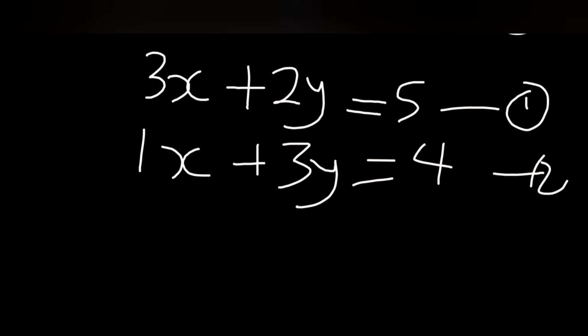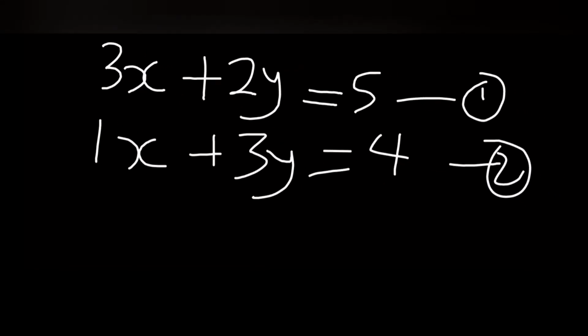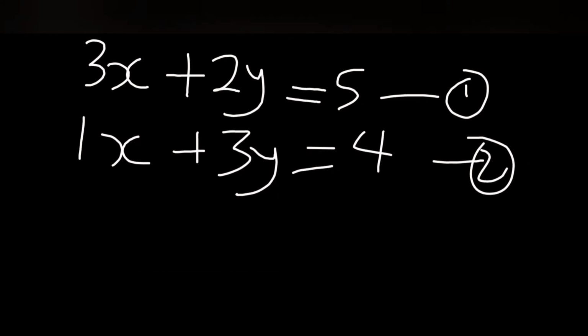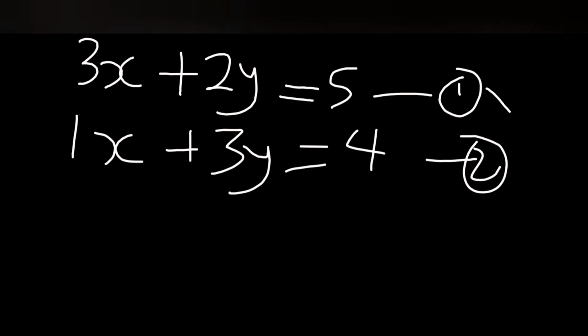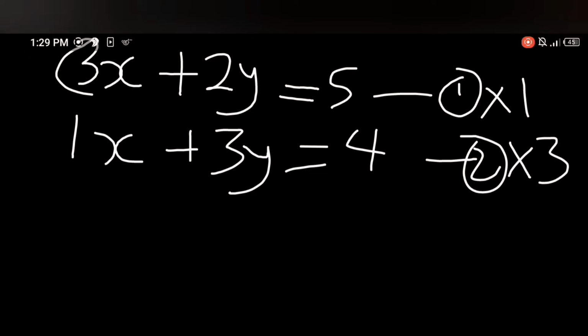So remember the way you do your simultaneous equation, you must make the coefficient of one of those unknowns the same. So for you to do that, you multiply equation 1 by 1, and also multiply your equation 2 by what? 3.